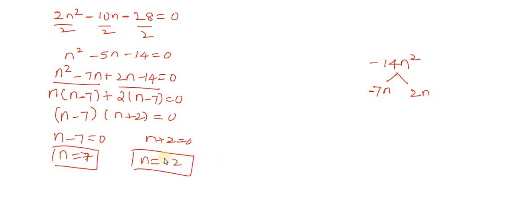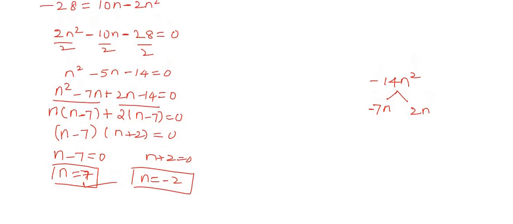Now I told that n is the nth term, so n can't be negative. So n is equal to minus 2 is not acceptable. You should take n is equal to 7. Therefore the n value is 7.